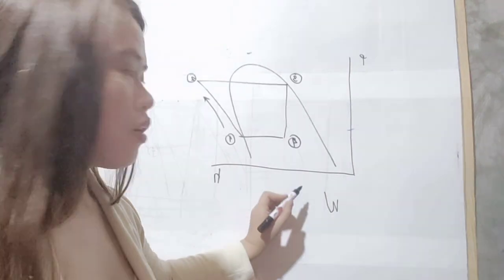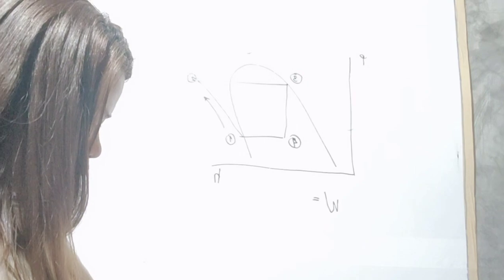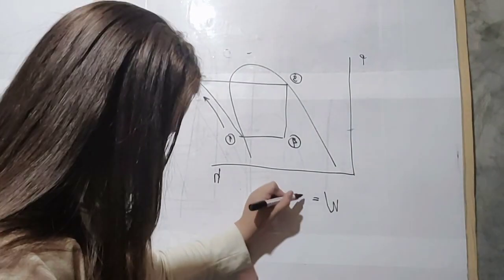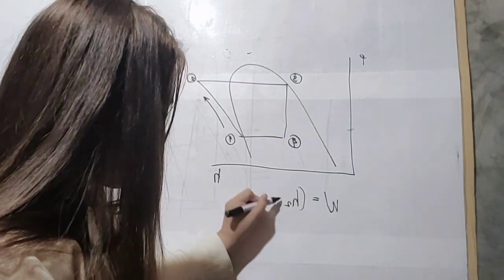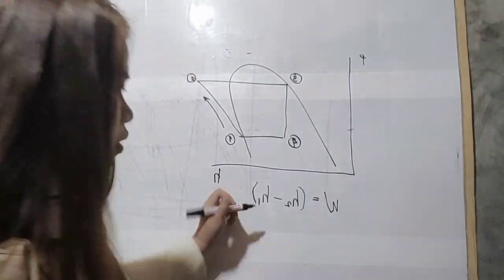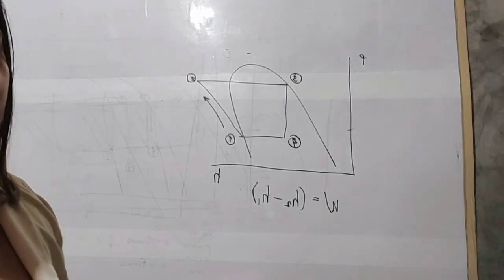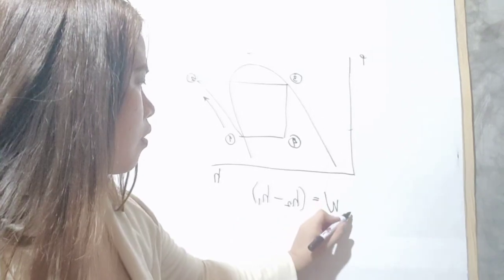Now let's get the compressor work. When we get the compressor work, we will check the process between point 1 and point 2, and we will get H2 minus H1, and that will be our compressor work. Next is the heat rejected in the condenser.